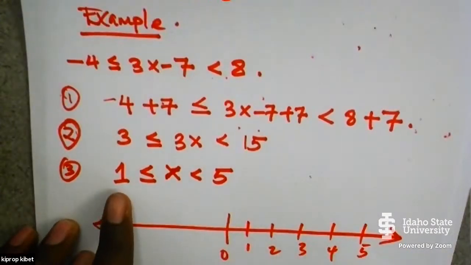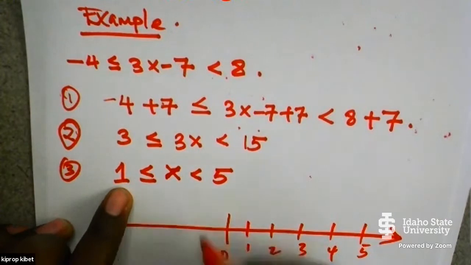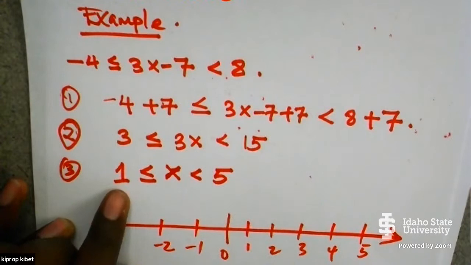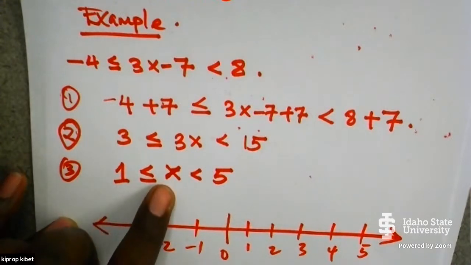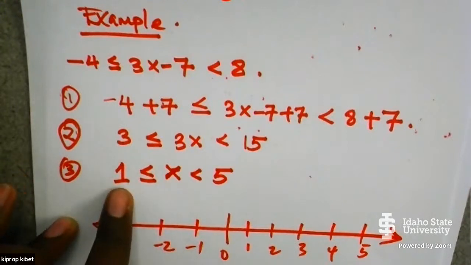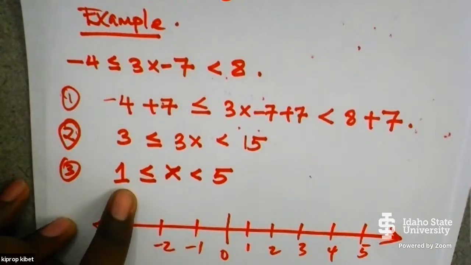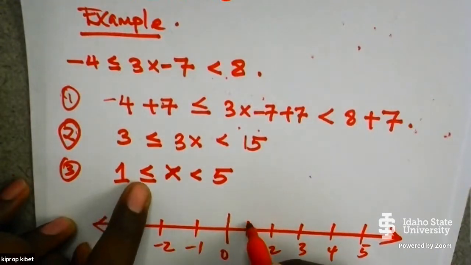Okay, so you can start from the left. This is -1, -2. So you can start from here. Look for the values which are x greater than 1. So we are here. And this one is what?